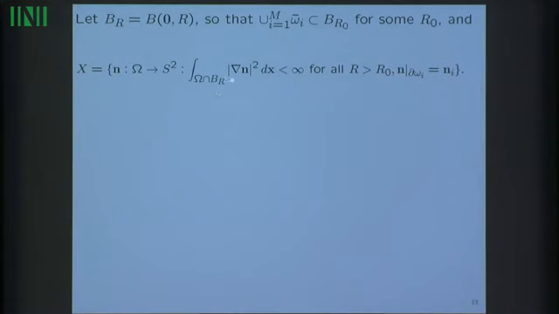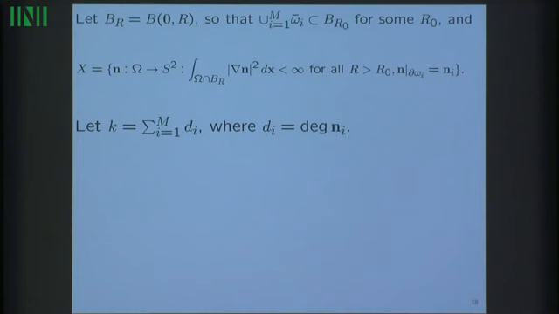such that the energy on any finite part of the exterior region is finite. Of course, you can't expect the total energy to be finite because we're in 2D, so this will in general not happen. And also satisfying the boundary data.